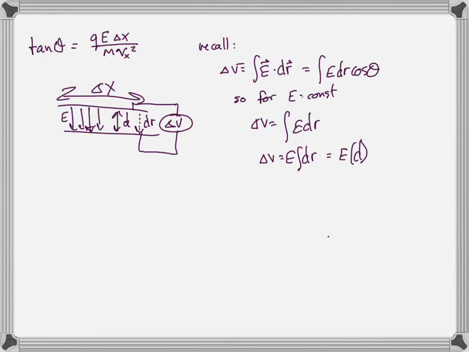What I did do is I left out a negative sign. Hopefully somebody caught that. In this definition, delta V is minus E dot dr, so there's a minus sign everywhere. That minus sign actually doesn't matter for this derivation, which is why I inadvertently left it out, because all we care about here are magnitudes.